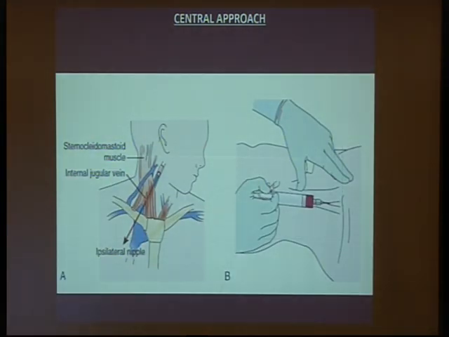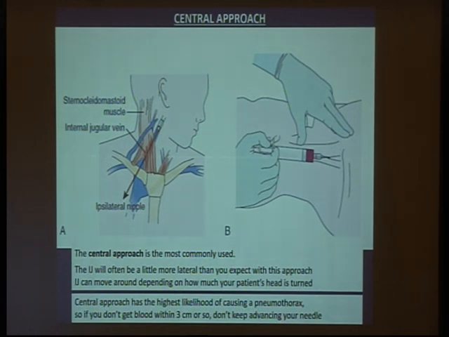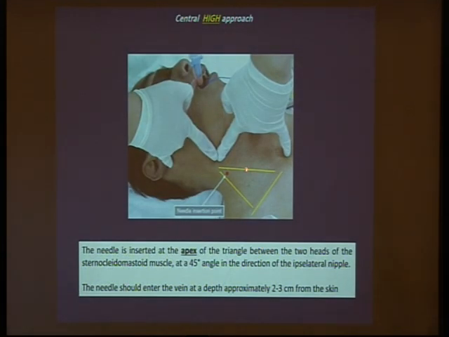And we have two types of central approach, cannulating the vein between two heads of sternocleidomastoid muscle. We have central high approach. This is anterior triangle. If you start cannulation from here, this is at the apex of the triangle.